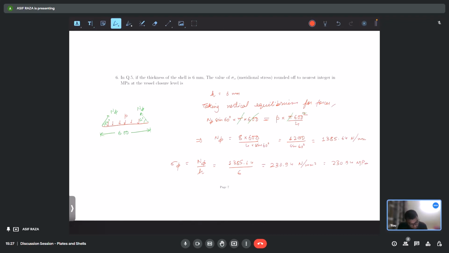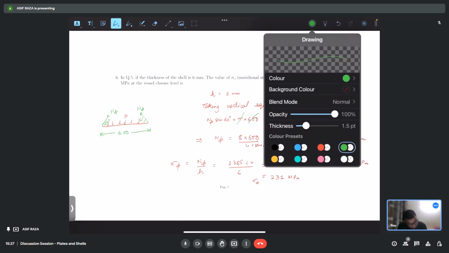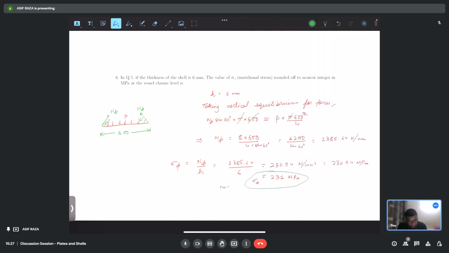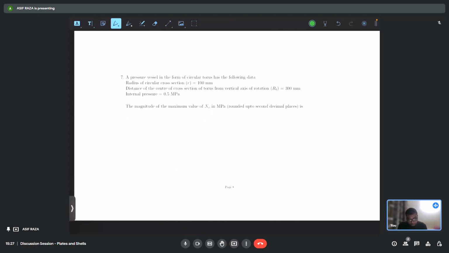To nearest integer, this would be equal to 231 MPa. So this is my answer. Okay. Now next question.